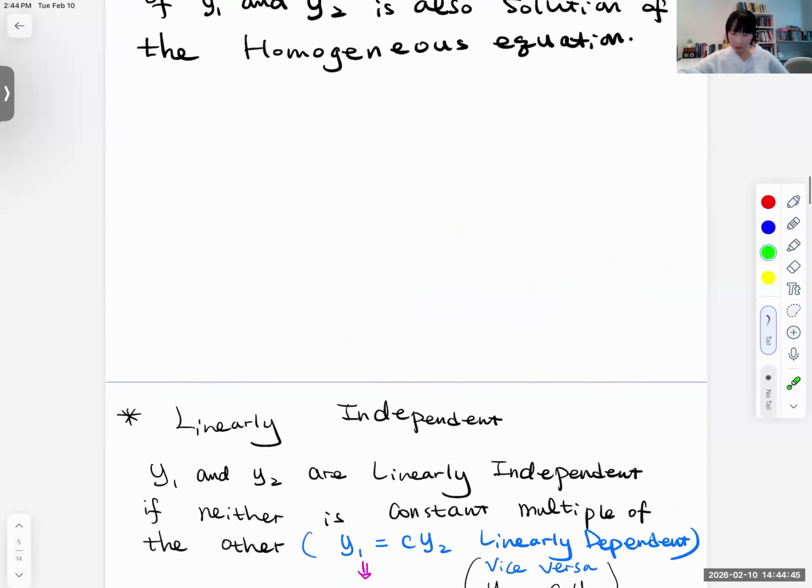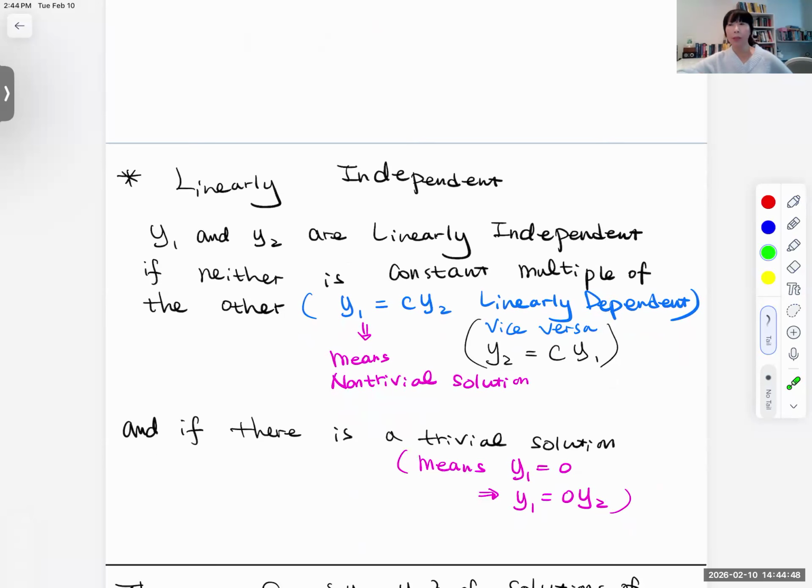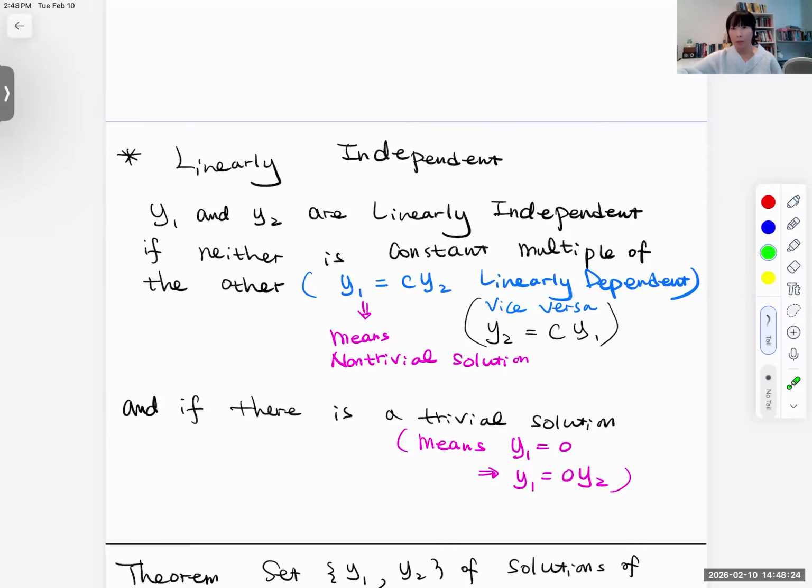Okay, let's move on. So we have linear independence. Everything comes from linear algebra, right? y sub 1 and y sub 2 are linearly independent if neither is a constant multiple of the other, and if there is no trivial solution. If not linearly independent, we say linearly dependent, right?